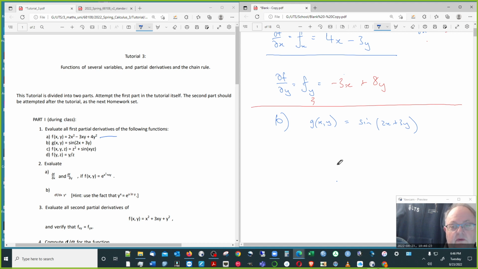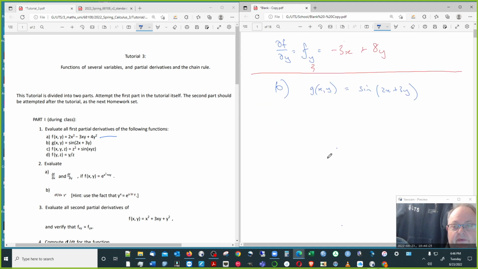Now the chain rule will have to be operated on inside the brackets twice, both for the partial with respect to x and the partial with respect to y.